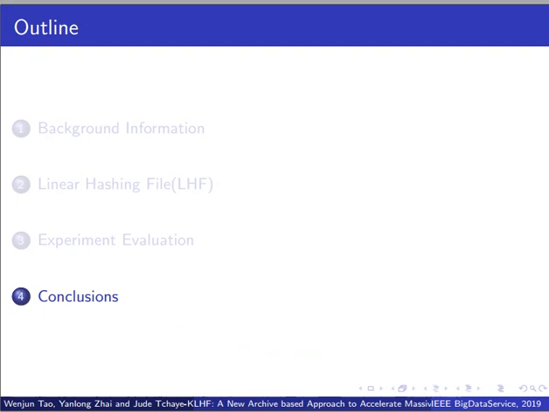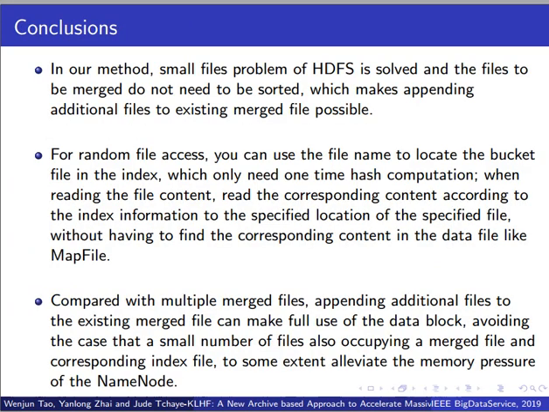The last part is the conclusion. In our method, the small files problem of HDFS is solved, and the files to be merged don't need to be sorted, which makes appending additional files to existing merged files possible. For random file access, you can use a file name to locate the bucket file in the index, which only needs one-time hashing computation.